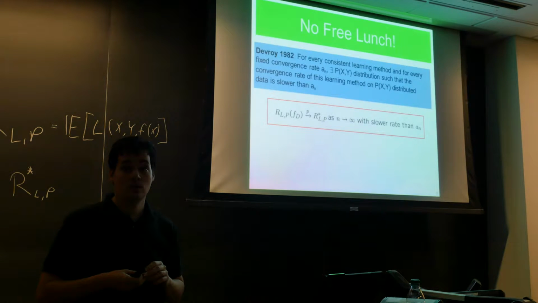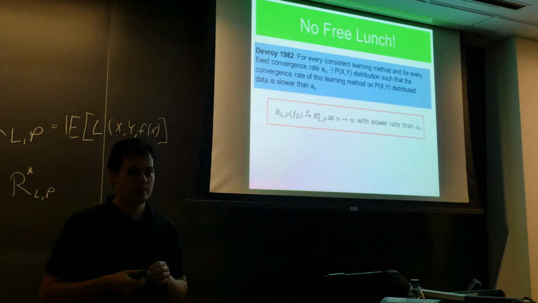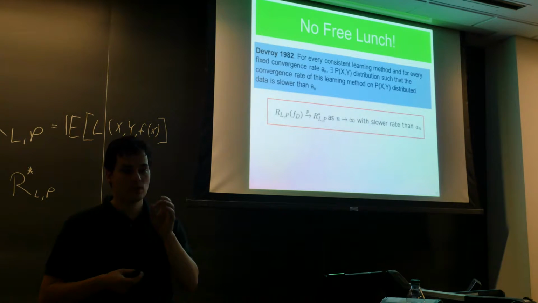But this theorem does not prevent me from playing with any p, so I can come up with some p which makes learning impossible in a sense. So this theorem covers that.